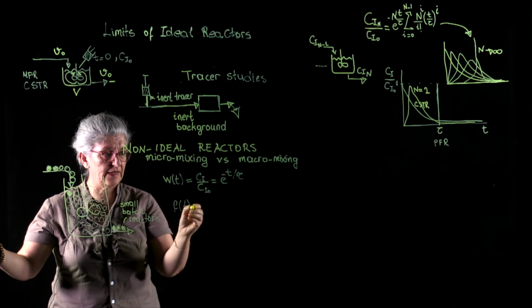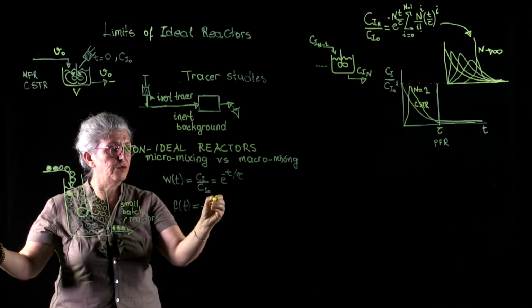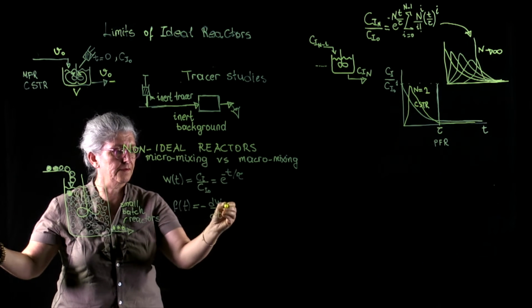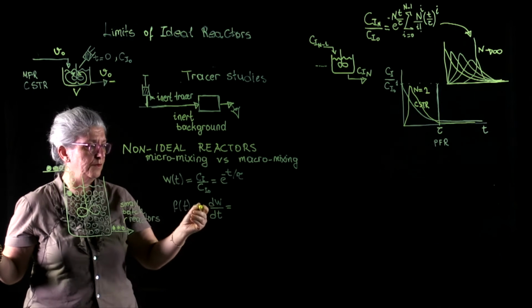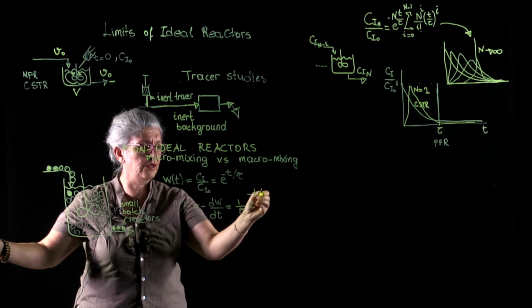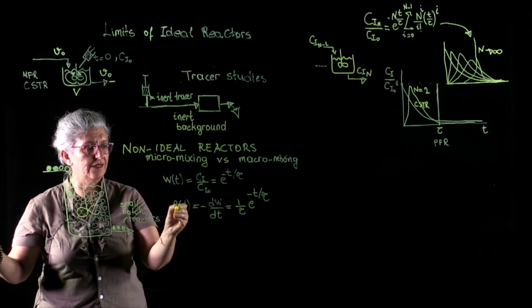F of t was the density function, which is equal to minus dW over dt, and that is equal to 1 over tau e to the minus t over tau. Now I will take this density function.